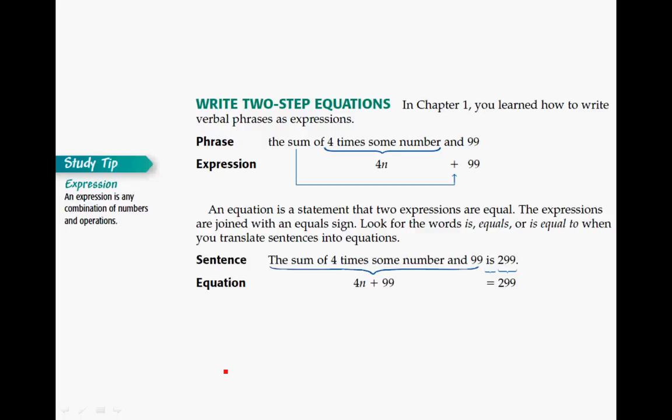An equation is when you have 'is,' 'equals,' or 'is equal to' when you translate sentences into equations. So the sum of 4 times some number and 99 is 299. Now we can figure out what the minutes are in this case.